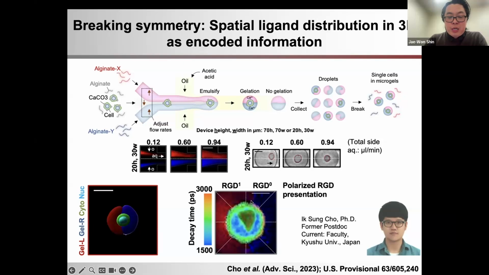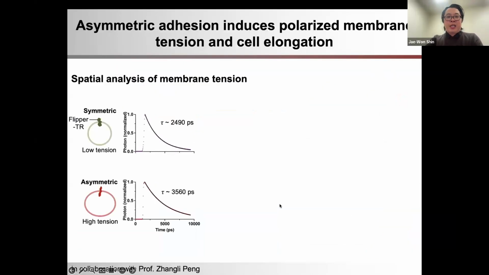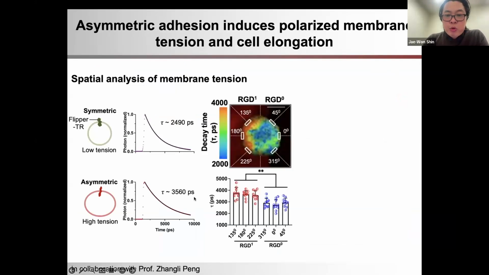So for example, using this approach, we show that with the alginate that contains RGD on one side, cells are able to interact with it compared to the side that is missing it. So by using again this membrane tension reporter, we show that the presence of the RGD adhesion ligand on only one side results in higher membrane tension compared to the side without RGD.